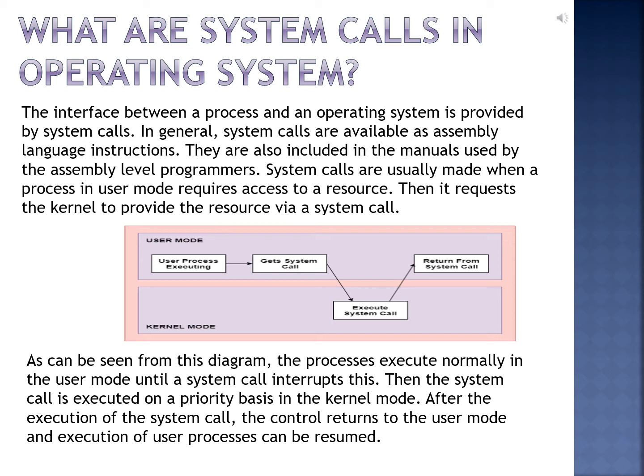It provides an interface between a process and the operating system to allow user-level processes to request services of the operating system. System calls are the only entry points into the kernel system. All programs needing resources must use system calls.